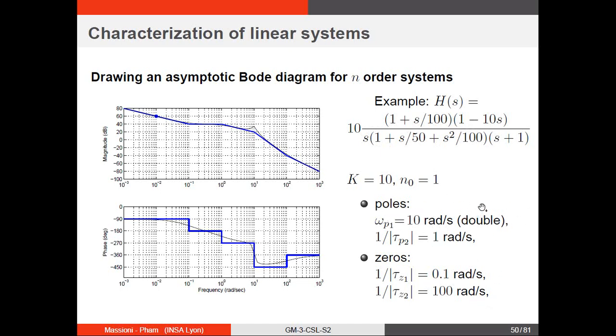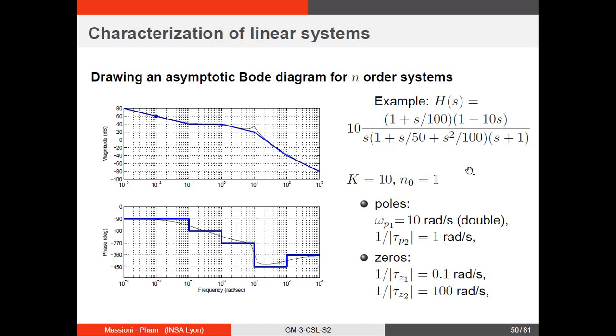So a double pole, which means the effect on the slope will be double, minus 40 added to the minus 20 we already had, goes to minus 60 decibels per decade. We have also the same effect twice for the phase, so we get minus 90 two times on the phase. This was a negative real part pole, so the phase goes down.